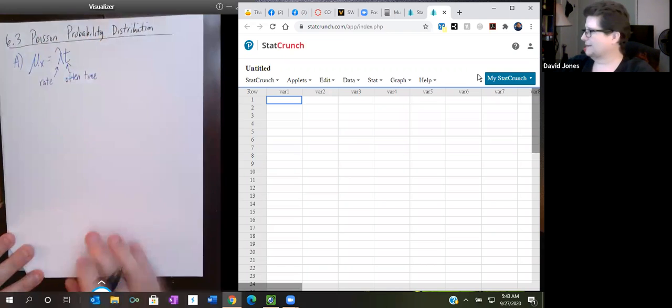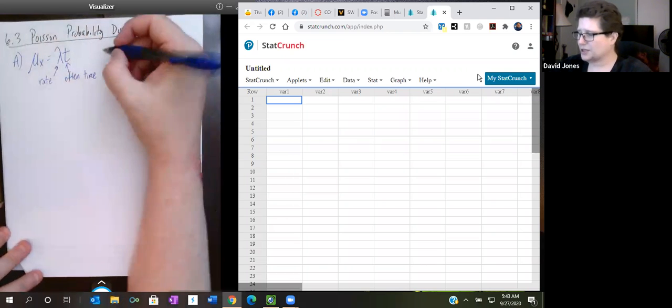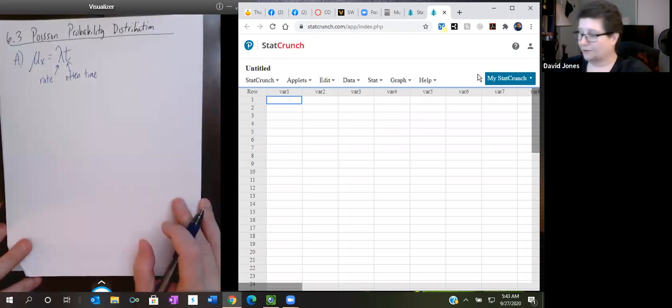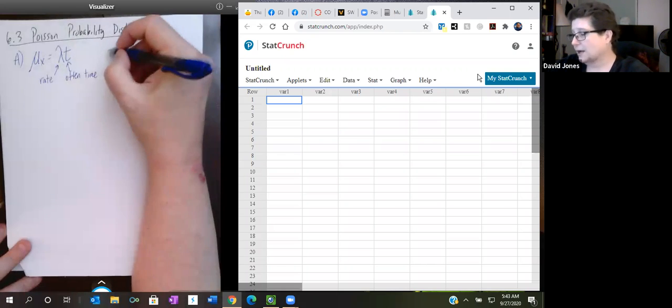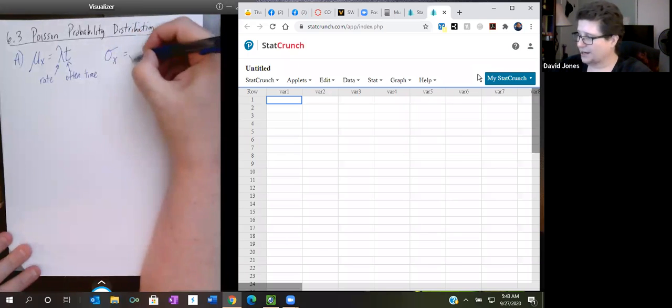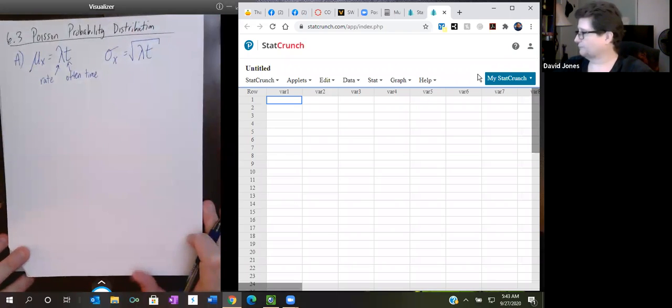You'll see when we dive into it. And so it's just simple multiplication, and very similar to the binomial, when we find the standard deviation, we're taking the square root of that, but we don't even need to modify this by adding anything else. It's just going to be the square root of the mean.